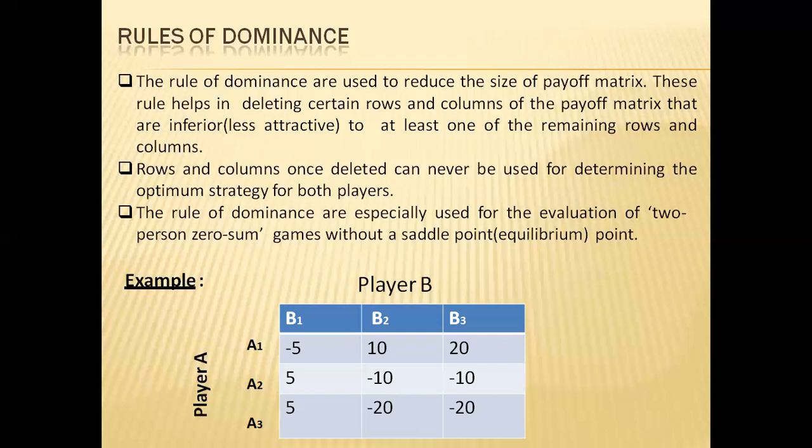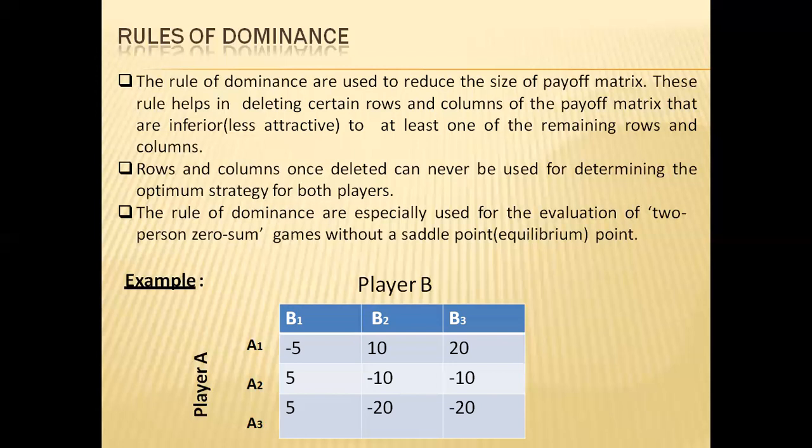Once the rows and columns are deleted, they are never used for determining the optimum strategy for both players, either on the player A side or the player B side, that is team A and team B. The rules of dominance are especially used for the evaluation of two-person zero-sum games without a saddle point. If the saddle point has been achieved, then a tie takes place between one player and another, and rows or columns will not be deleted.